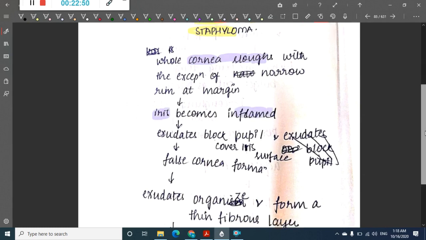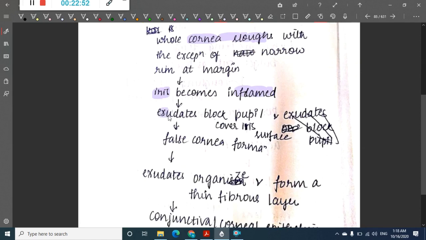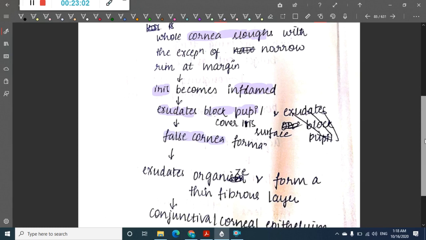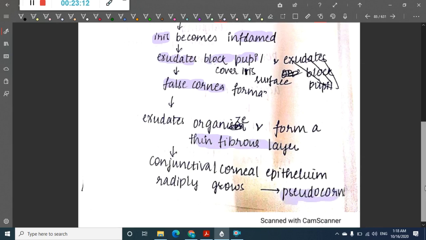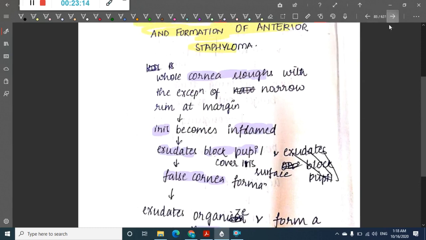There will be exudates, and these exudates will block the pupil and cover the iris surface, and they will form a thin fibrous layer, leading to the formation of something called pseudocornea.